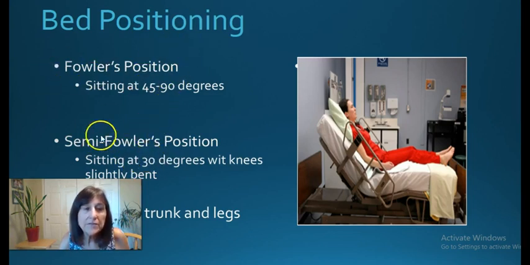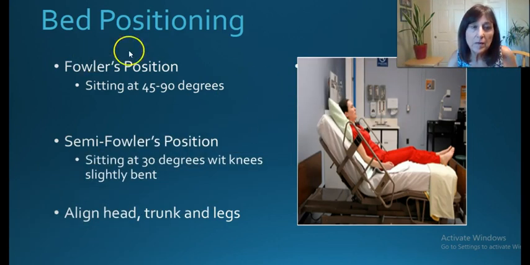Okay, there's different words for different bed positioning. So this one is called a Fowler's bed. Fowler's position, it's 45 to 60 degrees.